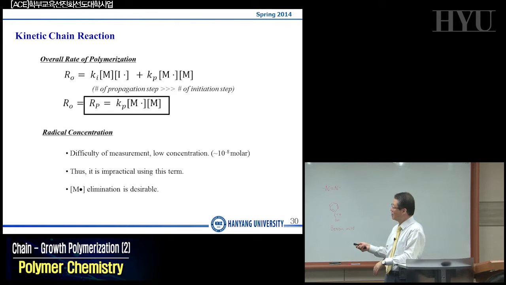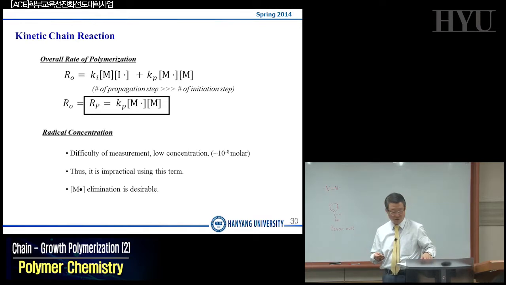But we do not know M dot, and it's not easy to determine, because the radical concentration during the reaction is difficult to measure, because it's too fast.